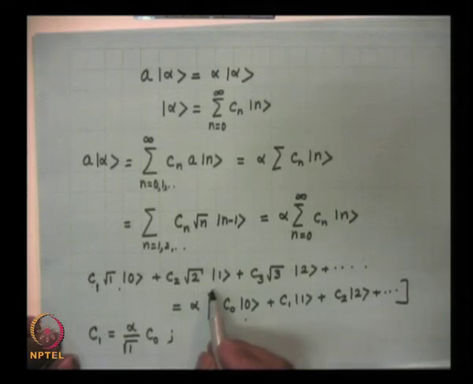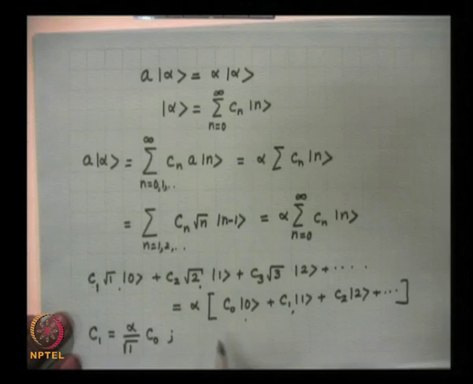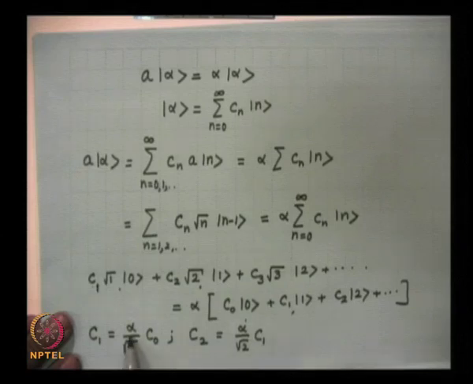Now if I multiply by bra 1, all the terms will disappear excepting this term and this term. So you will get C 2 equal to alpha by root 2 times C 1. So C 1 is equal to alpha by root 1 C 0.